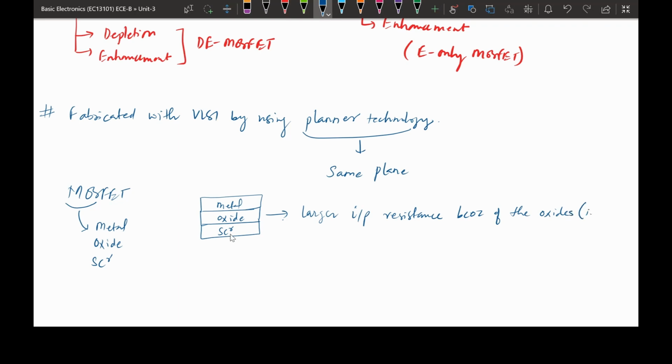Generally, we use SiO2, silicon dioxide, as the oxide in between the metal and semiconductor. This oxide behaves like a dielectric.